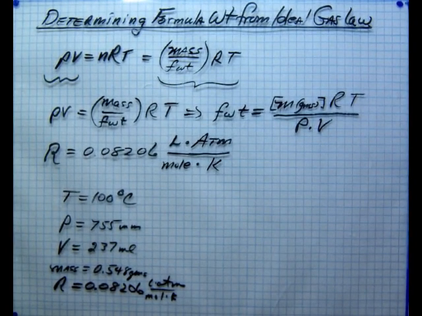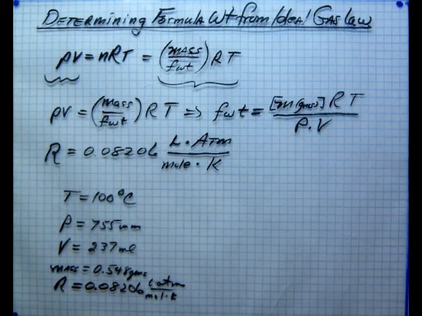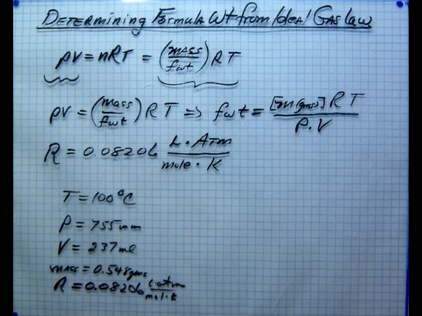Be careful, move slowly but deliberately in substituting numbers, data. Use your units because they will algebraically tell you if you're working the problem correctly. Because in this, if you're going to come out with formula weight, what are the units? Grams per mole. You come out with something else, you might recheck your placement of data.